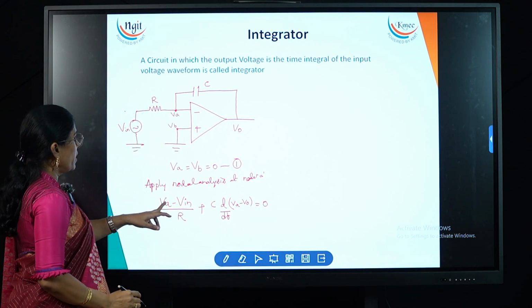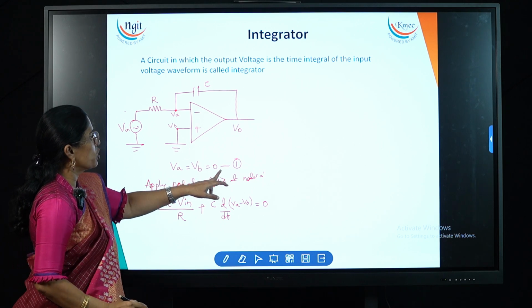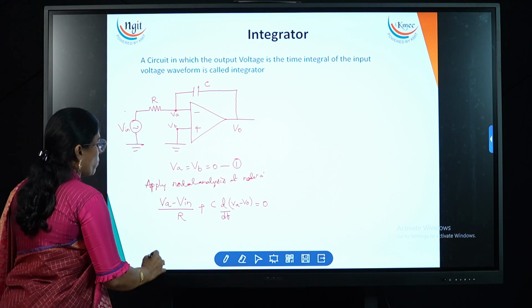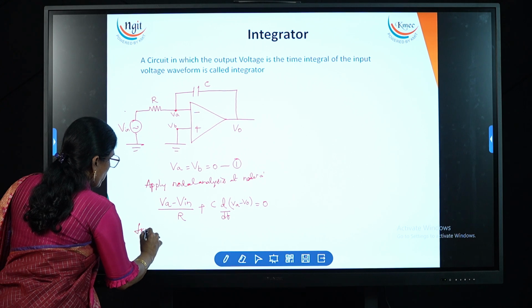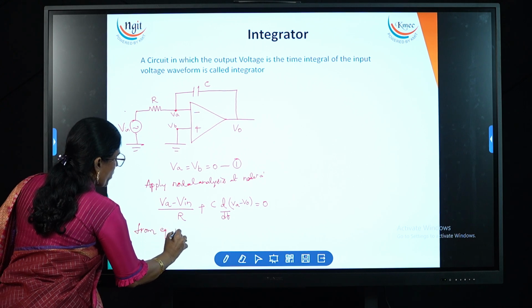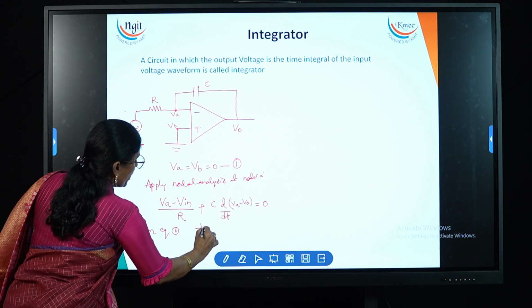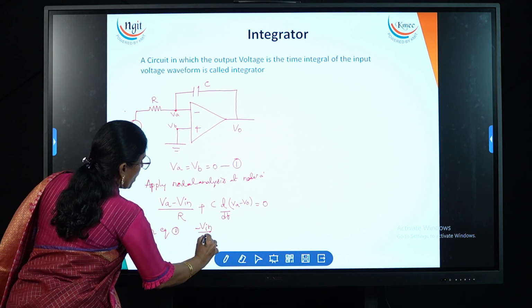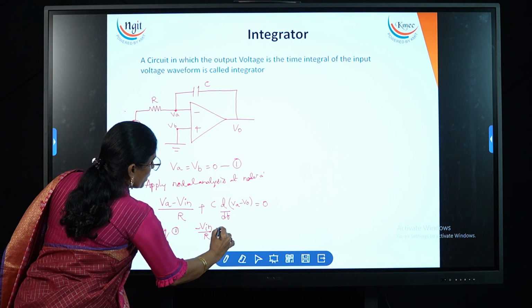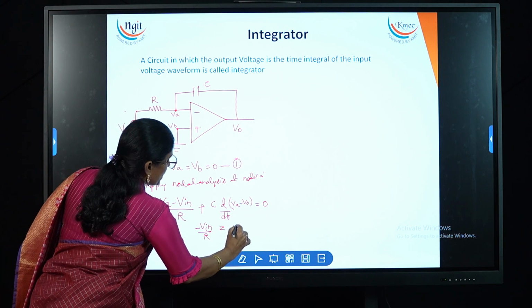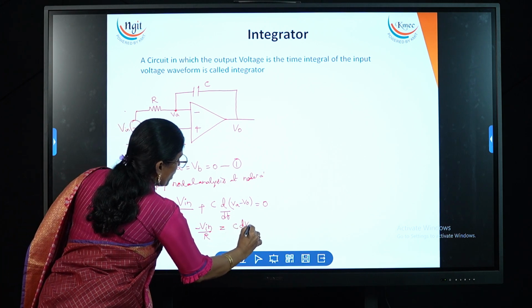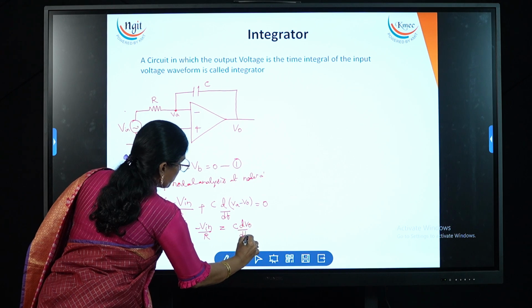Now wherever VA is there we need to substitute 0 from equation number 1. Now from equation 1, if we rewrite this, we get minus V in by R is equal to C dV out by dt.